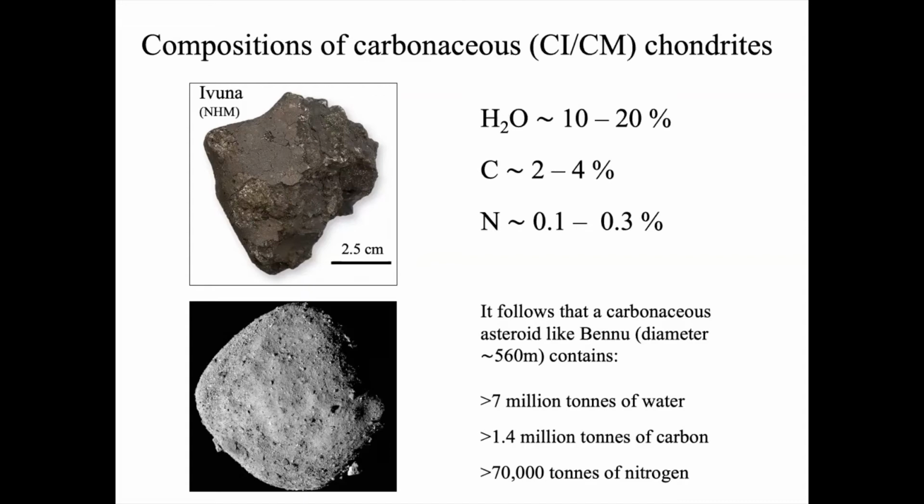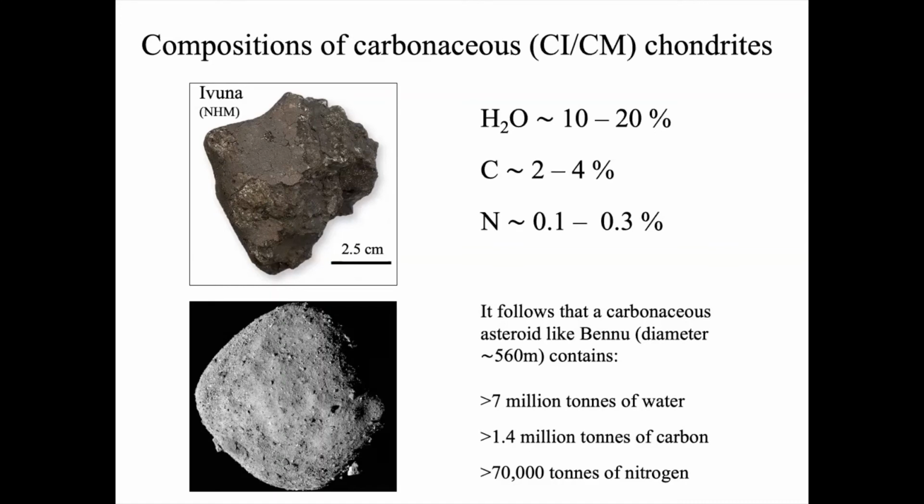But these two meteorite classes are very volatile-rich: 10 to 20% water, carbon-rich, several percent carbon, and relatively, by the standards of many rocks in space, nitrogen-rich, so 0.1 to 0.3% nitrogen. Nitrogen, for reasons I'll come to in a minute, could be quite a useful element.